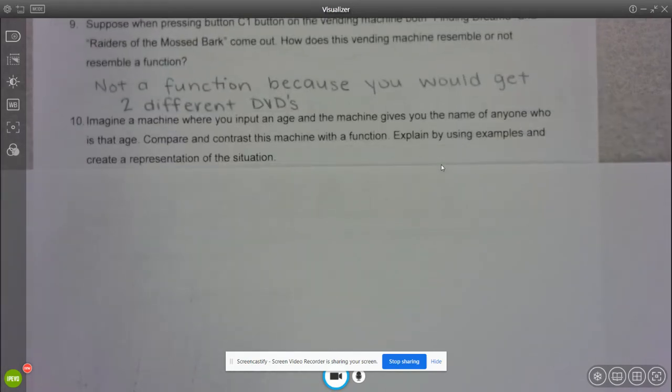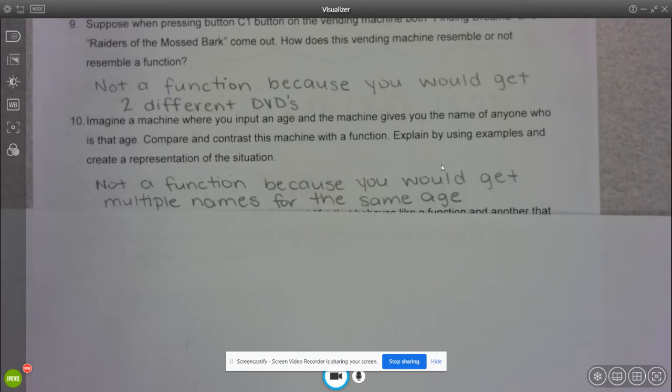All right, next question. So now we're talking about an age machine. If I select any age, the name of anyone that age is going to pop out. Well, if we took our school, for example, if I picked the age 15, there would be a variety of different names that we would receive by just selecting that one age.